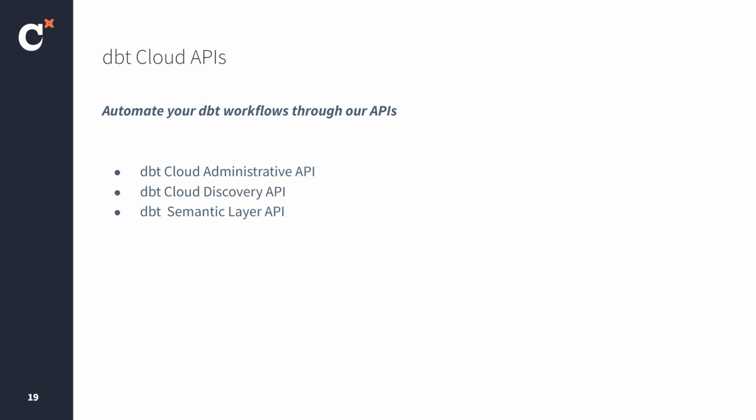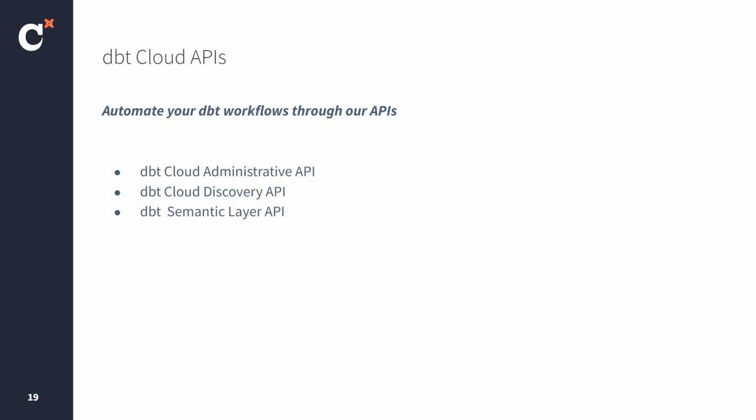Now, next, I want to touch on our APIs. You can also leverage our APIs to really help your overall DBT workflow and automate things that you might need. Now we offer three types of APIs. We have an administrative API if you want to automate any of those account admin type of tasks, such as creating jobs, setting up permissions.